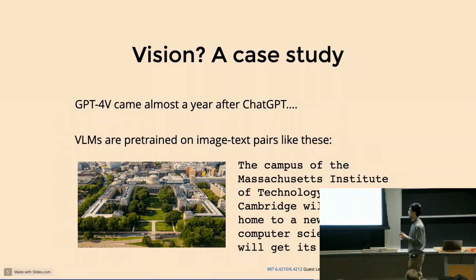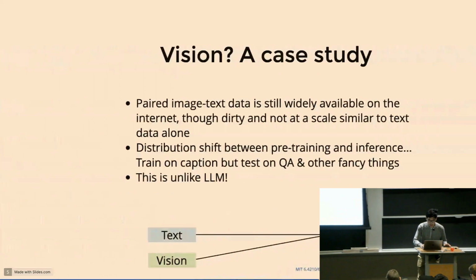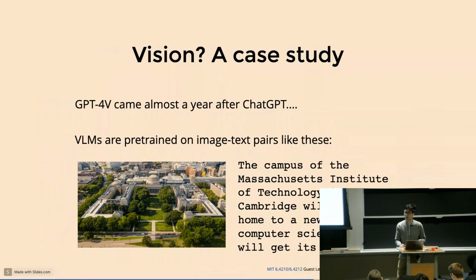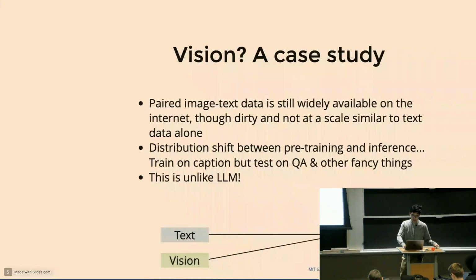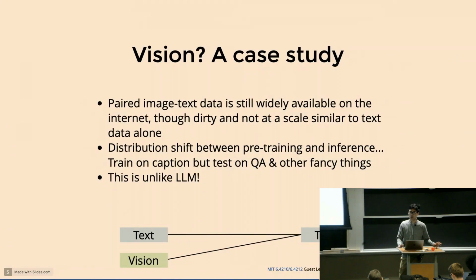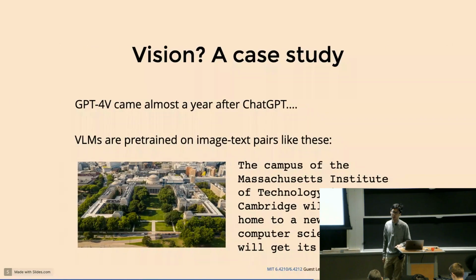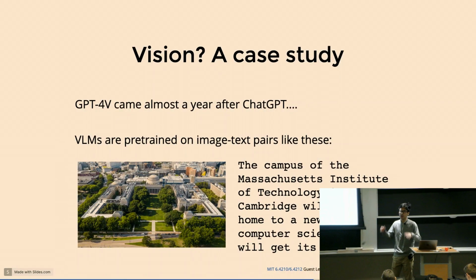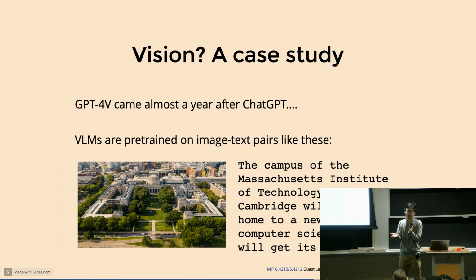Okay, so I think I should talk about this a little bit. ChatGPT is a decoder-only architecture, but if you want it to take image data, what you typically do is feed the image into a ConvNet or transformer, encode the image into some low dimensional embeddings, and feed that into the large language model to combine the two modalities.